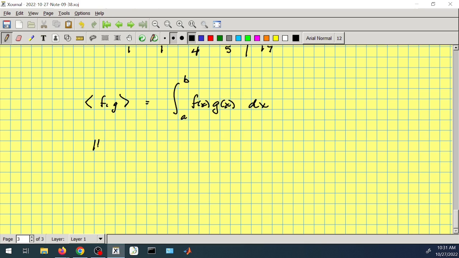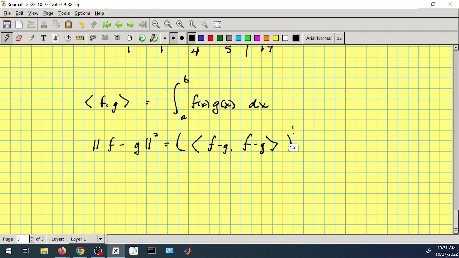But what is the distance between f and g? Well, the distance squared is the inner product of f minus g with f minus g, and then you take the square root.